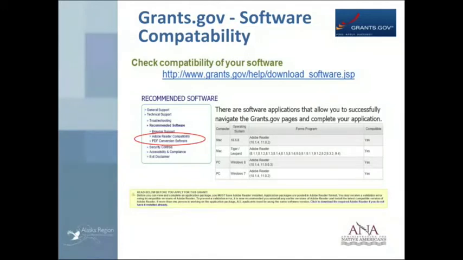The other thing that's interesting with this is if you have different computers in your office and folks are using different versions of Adobe Reader, you don't want to be passing around the Grants.gov package. Everybody needs to be using the same version of Adobe Reader, or that can also create issues.